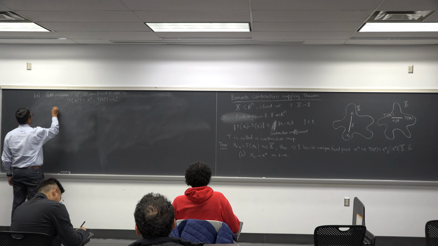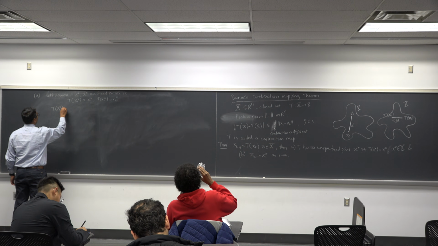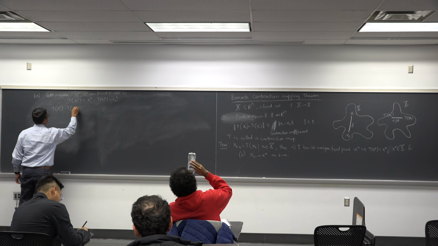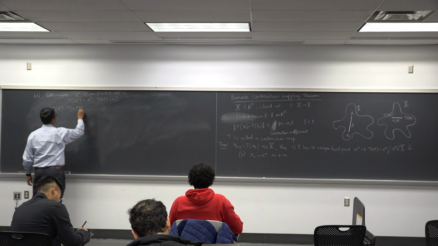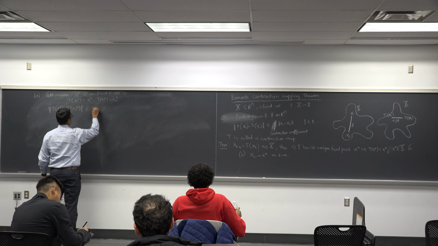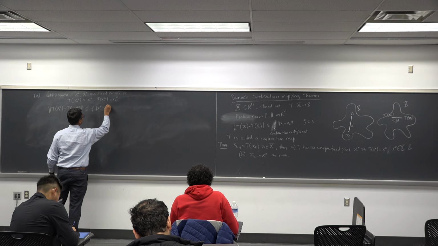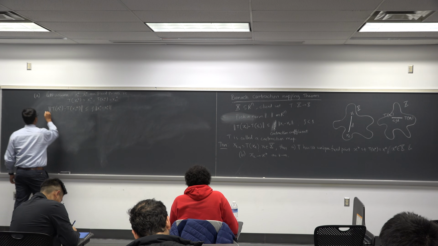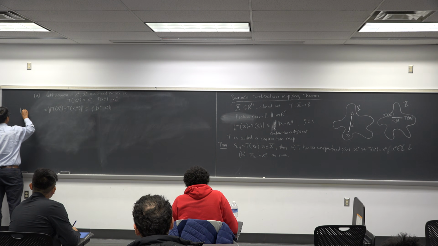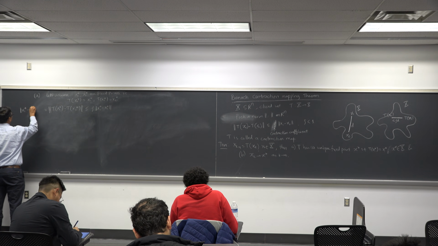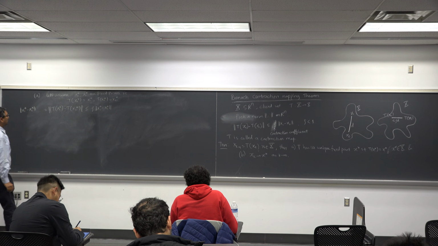Then what do I have? The norm of T(x1 star) minus T(x2 star) is less than or equal to rho times the norm of x1 star minus x2 star, and this is equal to the norm of x1 star minus x2 star.